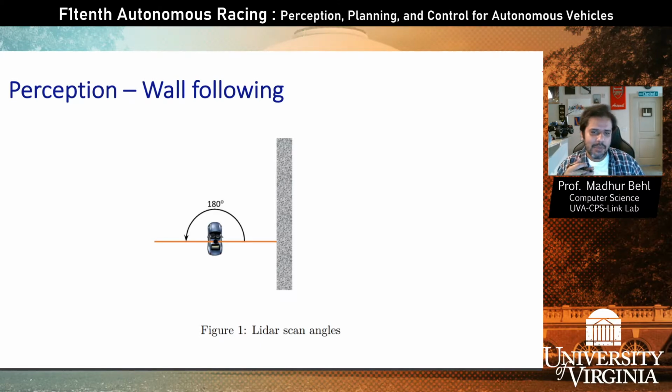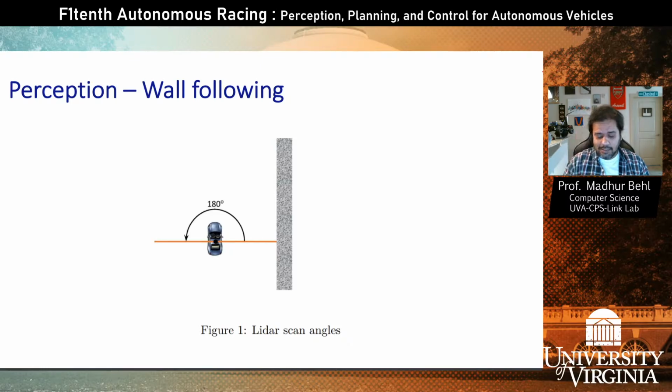But for this assignment, you are not going to build any map, nor are you even going to estimate the position of the car. So this is purely what one can call a reactive method, where we don't even need to track where we are in the world. We just need to react to the sensor data from the LiDAR in some clever manner that results in a behavior where we can autonomously go around the track as many times as we want, accomplishing this wall following algorithm.